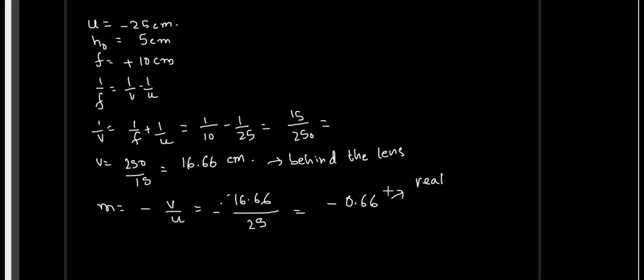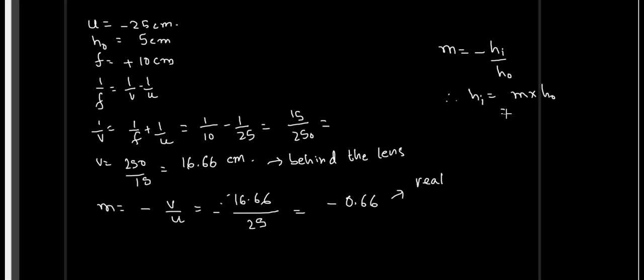Now let us see what is the size of the image. To know the size of the image, we know the formula of magnification, which is minus height of the image by height of the object. Therefore, height of the image is equal to magnification into height of the object.